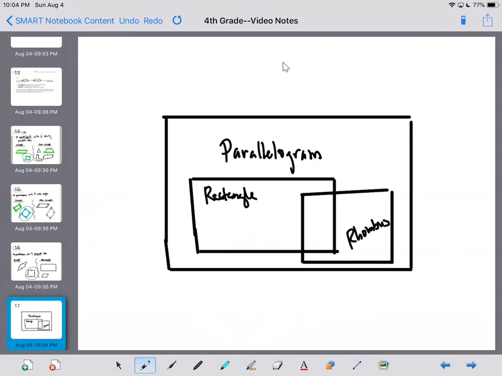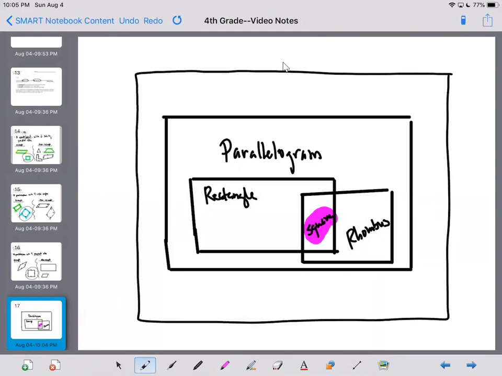And within the rhombus, we have the square. So get the idea that that square is inside the rhombus category, it is inside the rectangle category, and it is inside the parallelogram. And we could further that just a little bit and draw this and call this quadrilateral. So those would all fit in the idea of a quadrilateral as well.